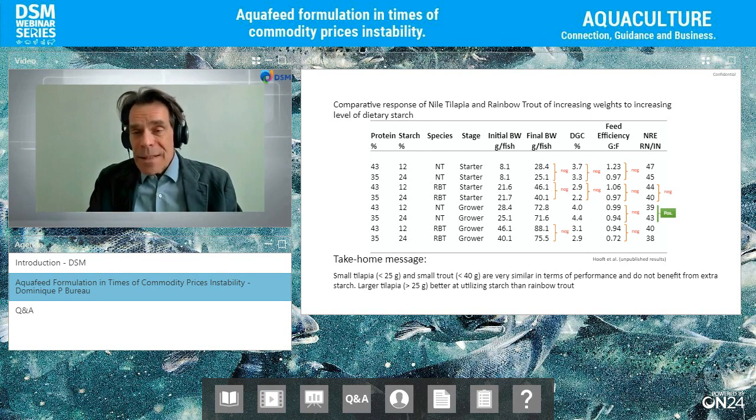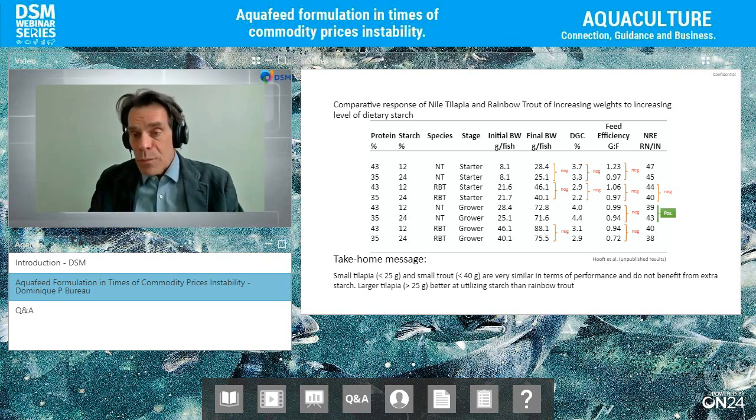Basically, the take-home message is that when the animals are small, when a tilapia and a rainbow trout are less than, let's say, 25, less than 50 grams, they're identical in terms of metabolism. They don't use carbohydrate very well. But when the tilapia gets bigger, it becomes a lot better than rainbow trout at utilizing carbohydrate. 24-25% starch was great for these tilapia, whereas it was very deleterious for the rainbow trout.